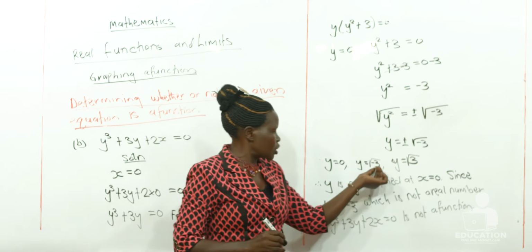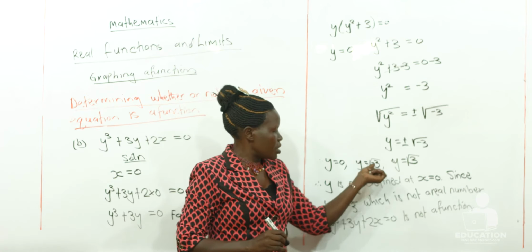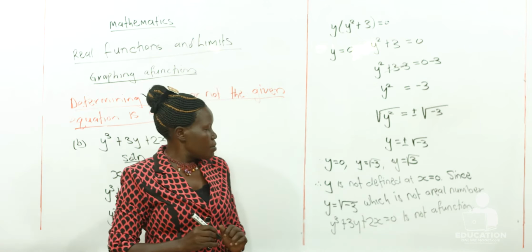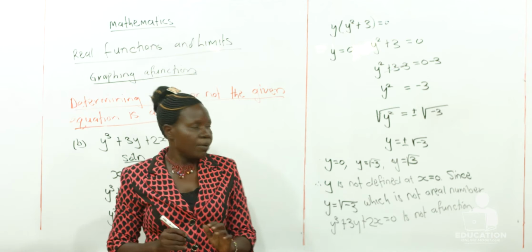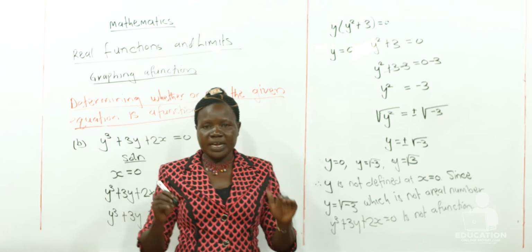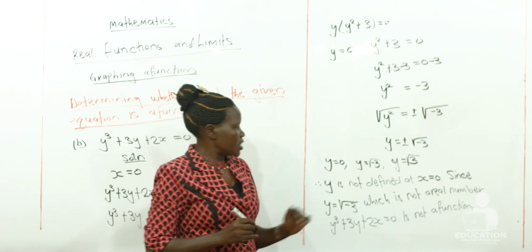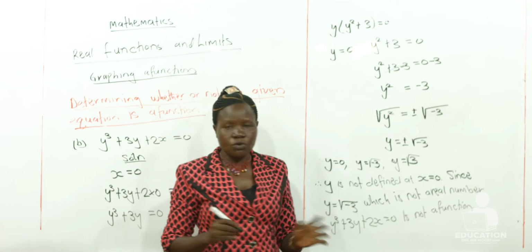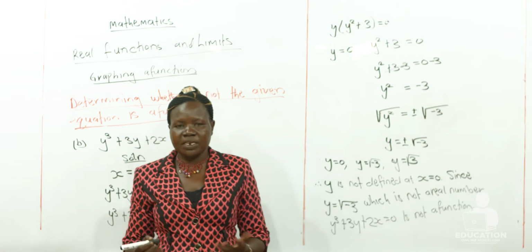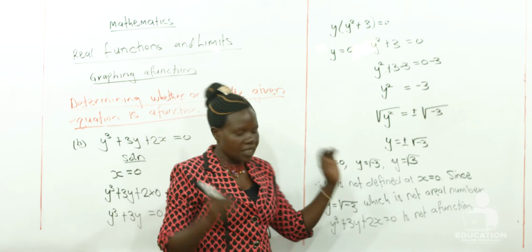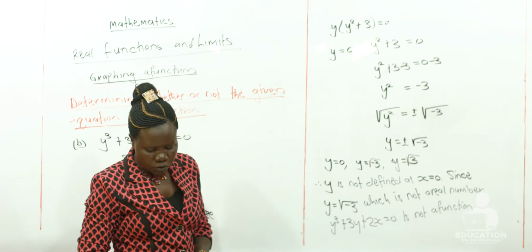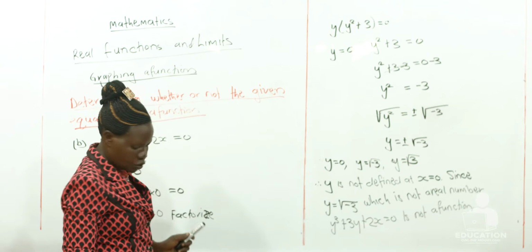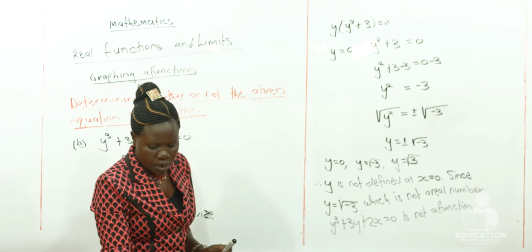Because even if I ask you now, class, what does a root of negative 3 mean? You will all look up, meaning that you don't have a defined answer. But if I say, what is the root of 4? Because it is defined, you will automatically tell me the answer is 2. So, because of this negative root, it disqualifies the equation to be a function.